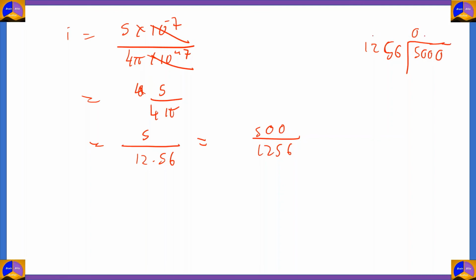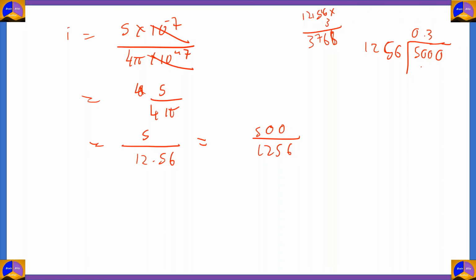So when we multiply 1256 by 3, we'll get 18. 5 times 3 is 15. 15 plus 1 is 16. And then 2 times 3 is 6. 6 plus 1 is 7. And then we have 1 times 3 is 3. So 3768, which is the closest value to 5,000 in the multiplication table of 1256.